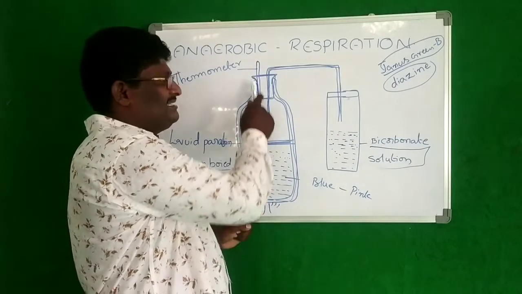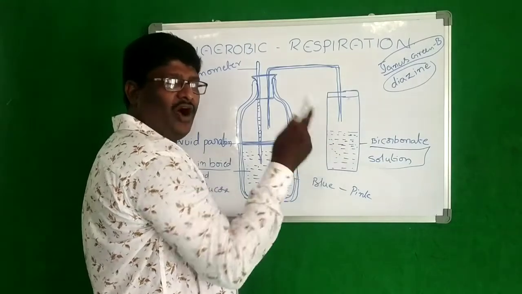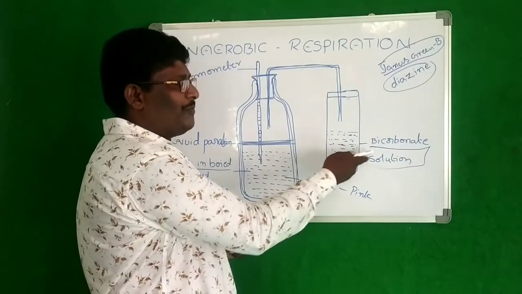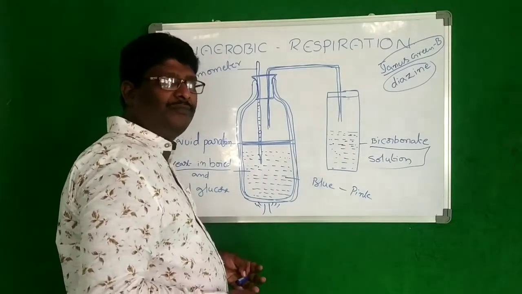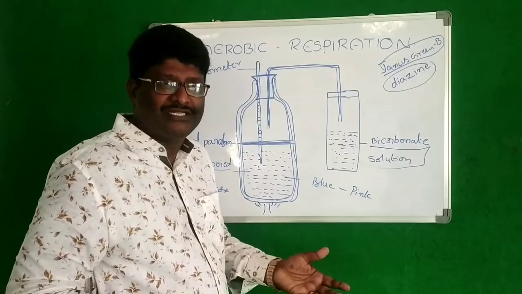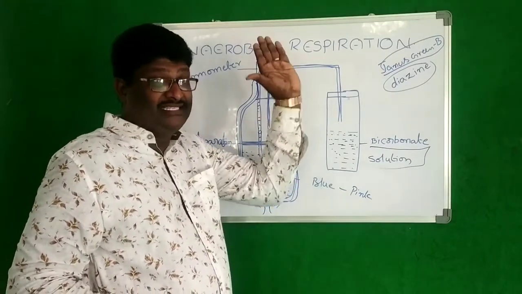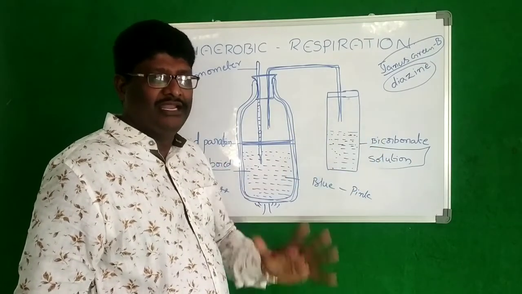It means heat energy is released as well as carbon dioxide. How can we confirm? Because the bicarbonate solution turned milky white. So that's the reason we confirmed that during anaerobic respiration, a little amount of heat energy is released as well as carbon dioxide.